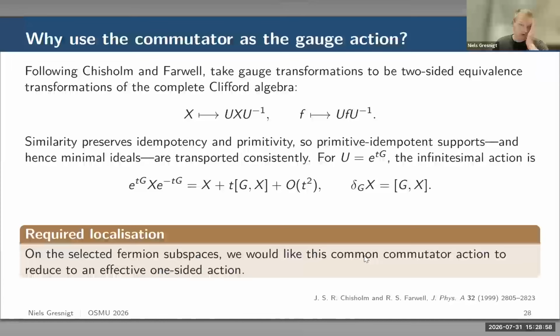Like I mentioned before, I'll skip over this slide, but I'm taking the action of the gauge generators to be that of the commutator, and the reason for that is that it preserves the primitive idempotents.